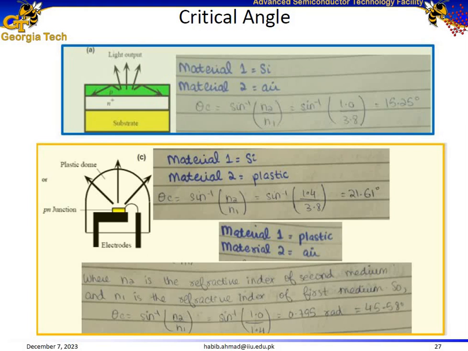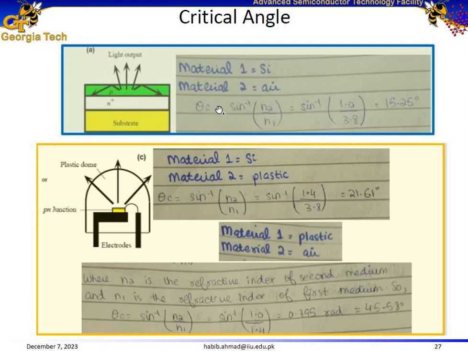So here is a practical example. Consider this configuration in which we have a light emitting diode structure, and we call this medium 1, and the second medium is air.